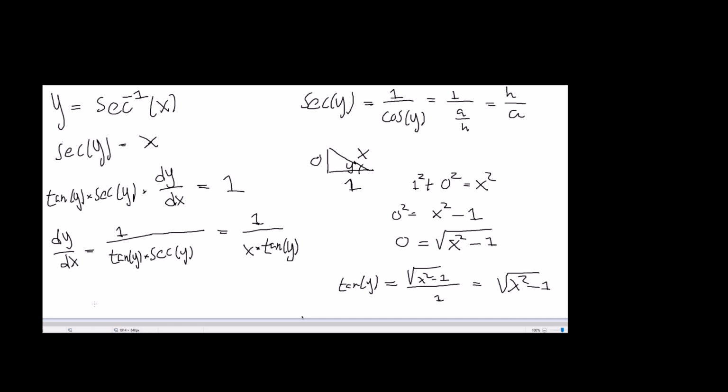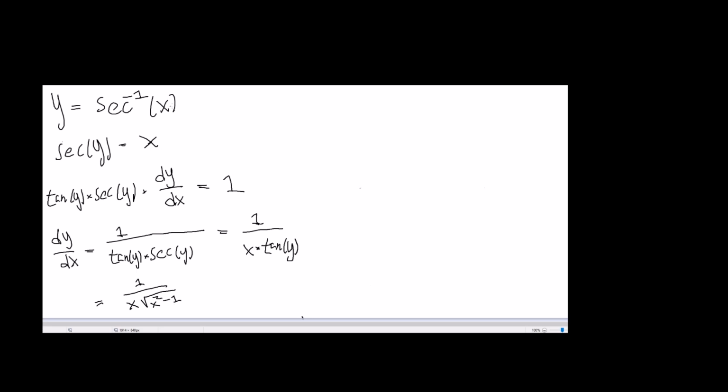So all of this is equal to 1 divided by x times tangent of y, and tangent of y was the square root of x squared minus 1. But when you plug this into a calculator, you may be wondering, why does it put an absolute value around x? Why is that?